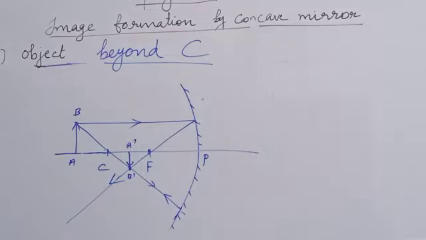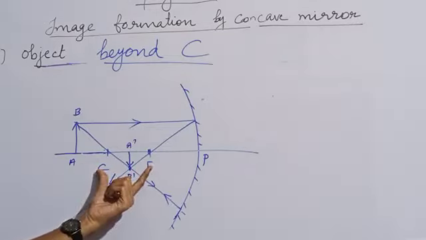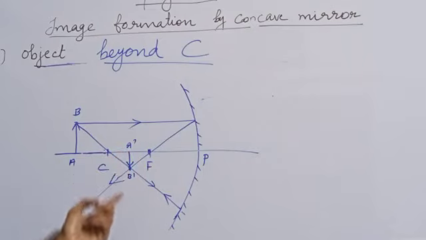So we will get the image between C and F here. It is an inverted image, a small image, and also real and inverted.